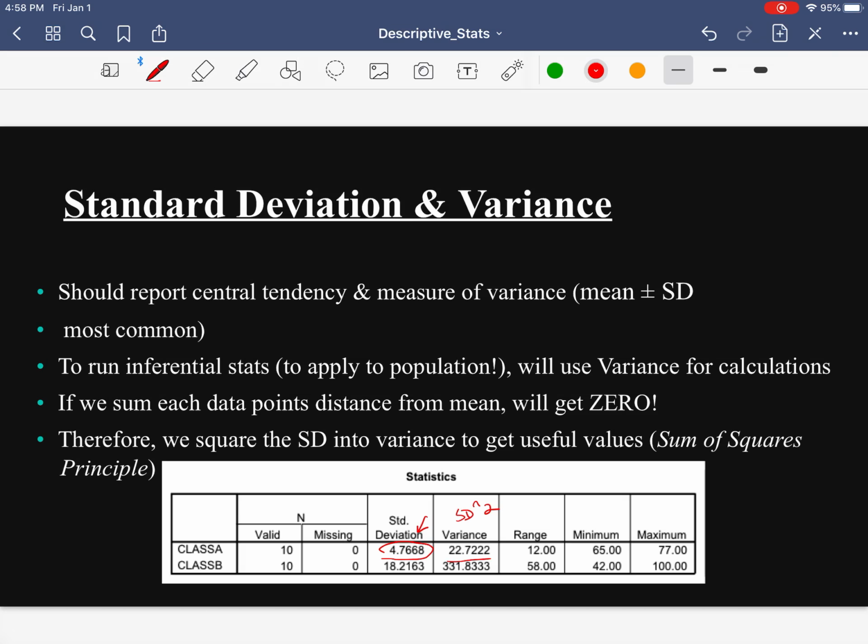So we've already said you should report central tendency and a measure of variance, like mean plus standard deviation. Behind the scenes, when I go to run inferential stats, I'm going to have to use variance. And there's a reason why.